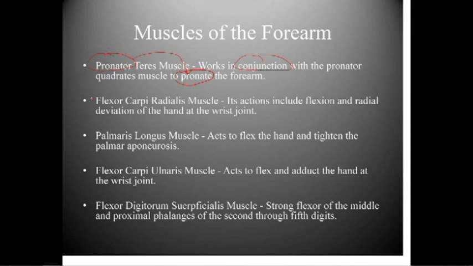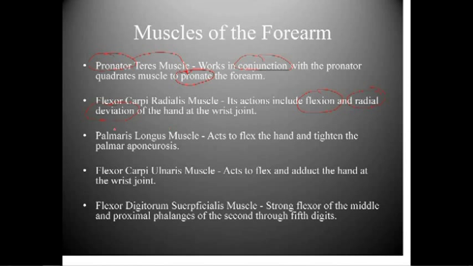The flexor carpi radialis muscle, its actions include the flexion and radial deviation of the hand at the wrist joint. So when you perform sometimes maybe a radial deviation, this is the muscle that will be worked, and also flexion. The palmaris longus muscle acts to flex the hand and tighten the palmar aponeurosis.